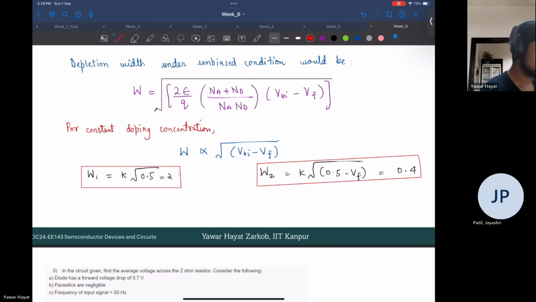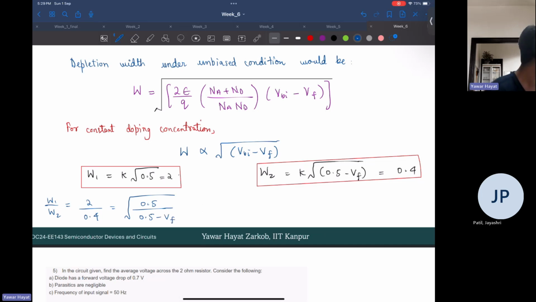Now what is W1 by W2? Your W1 by W2 is equal to 2 divided by 0.4. K and K would cancel, and you'll have the square root of 0.5 divided by 0.5 minus VF.